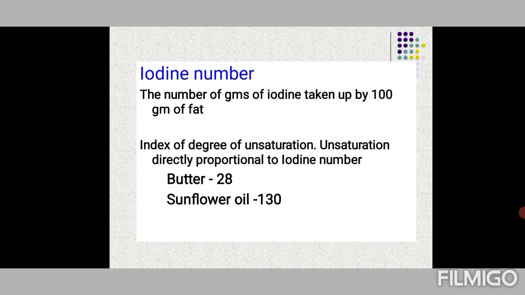So for butter, the iodine number is less. Butter, obviously, is of animal origin and is a fat, whereas sunflower oil has a higher iodine number because it has higher unsaturation. So obviously, iodine number indicates the unsaturation of the given fat.